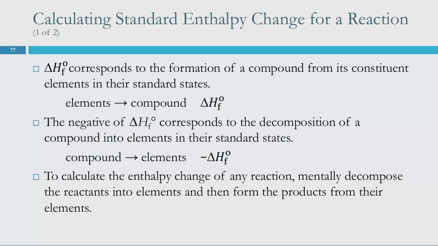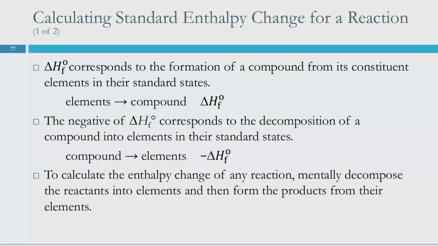All right, so the reason that we're learning this standard enthalpy change for a reaction is so that we can calculate for a reaction. So our standard heat of formation corresponds to the formation of a compound from its constituent elements in their standard states. We went over that. The negative of the heat of formation corresponds to the decomposition.